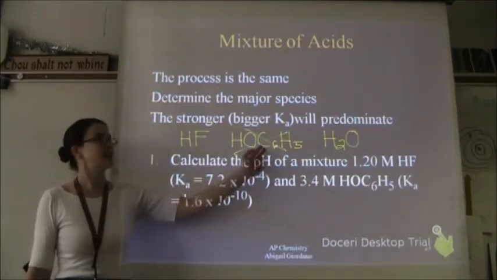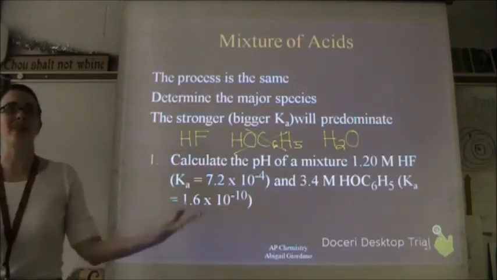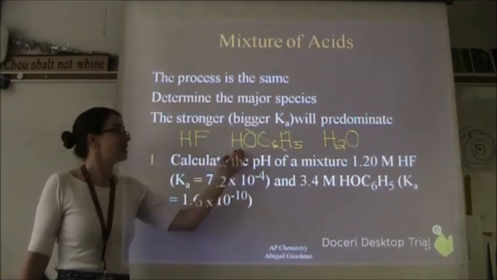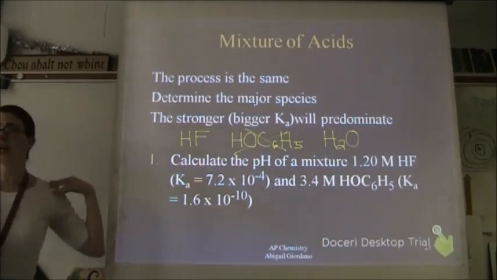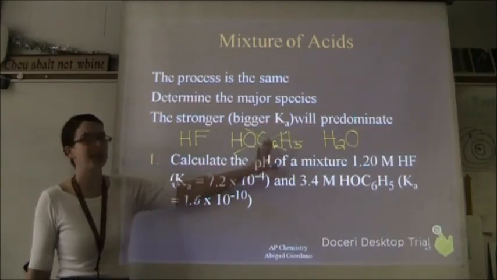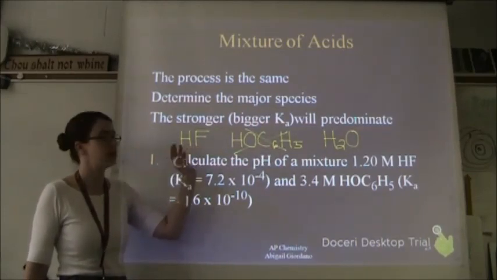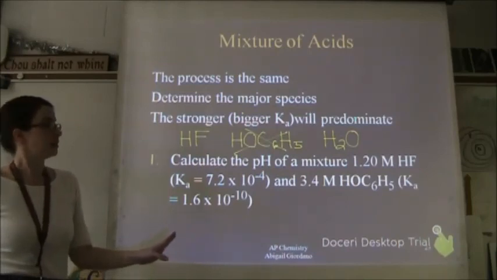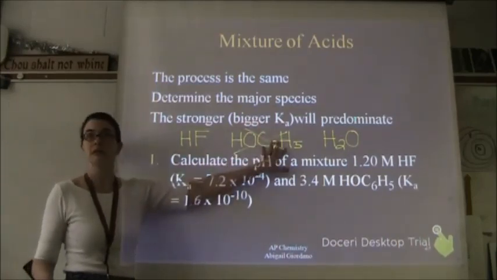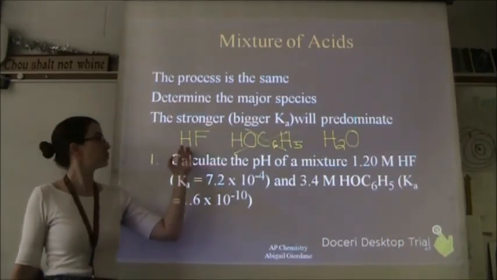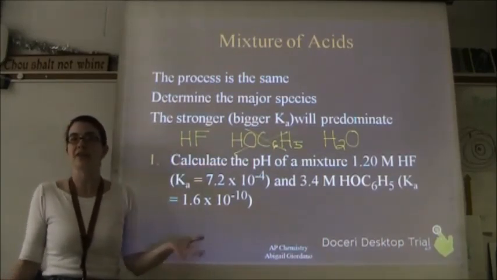It's not that this acid doesn't exist, or it's not doing anything. This acid is contributing hydrogen ions, but it's contributing so few in comparison to this one that mathematically I can ignore it. This is all you have. How do you solve an HF and water problem?